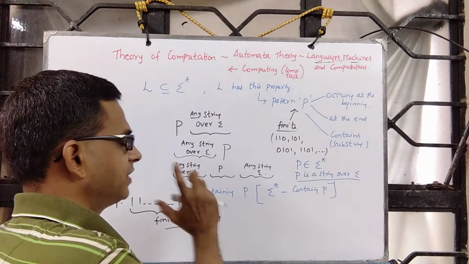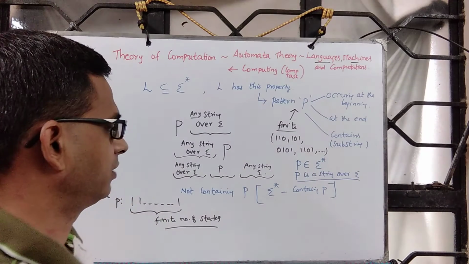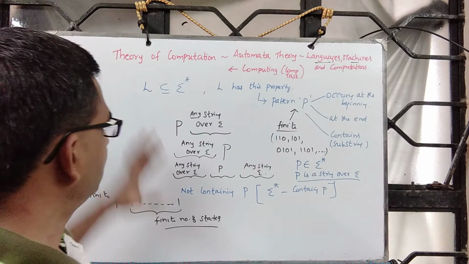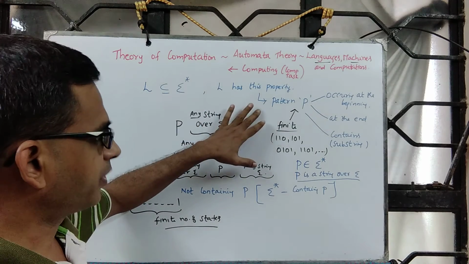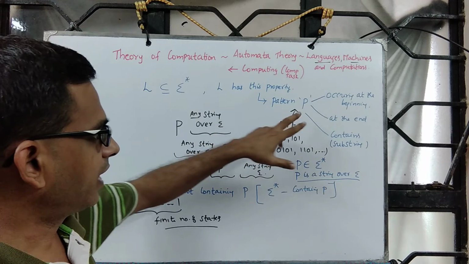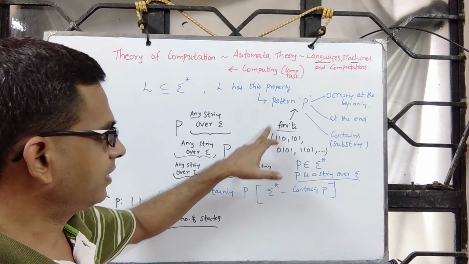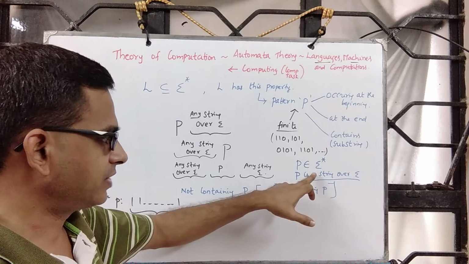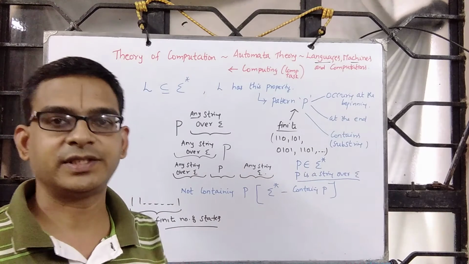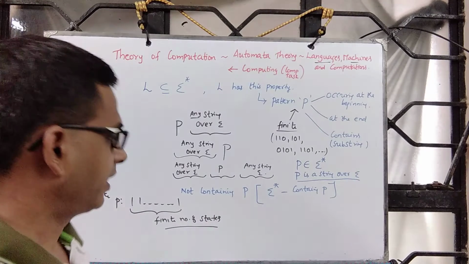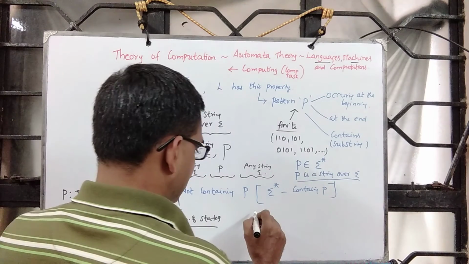So one can always design such an automaton. So the larger question is constructing a finite automaton respecting property P, and the property P is finite and is a string over sigma, then the answer is always yes. Can an FA do this task?